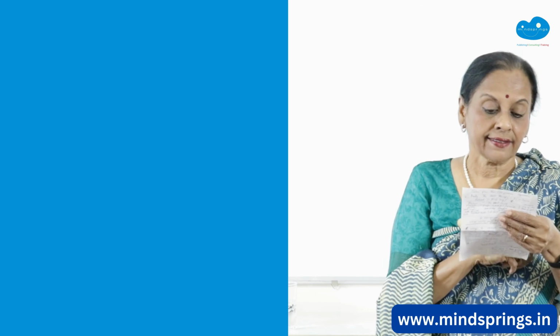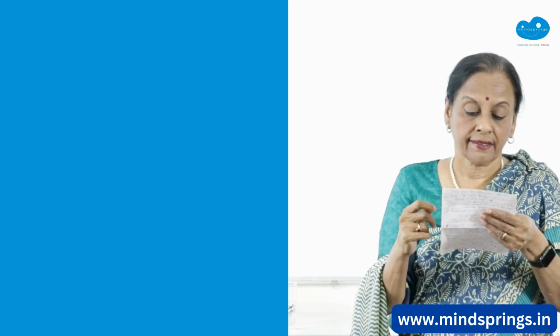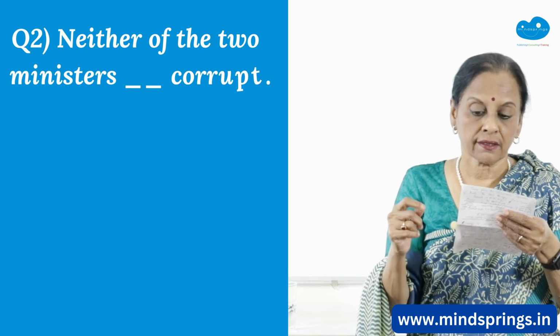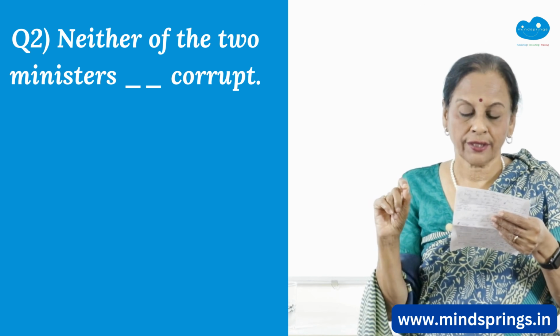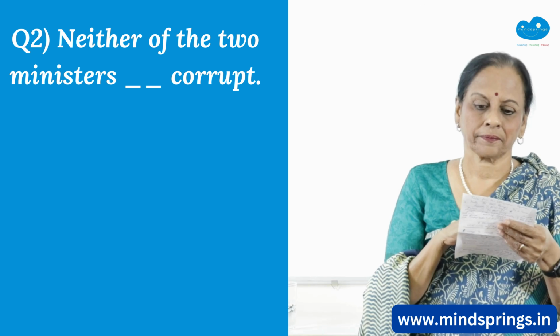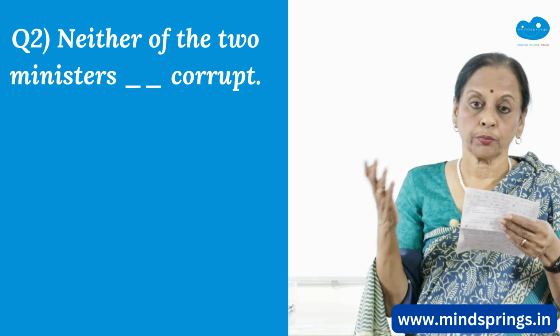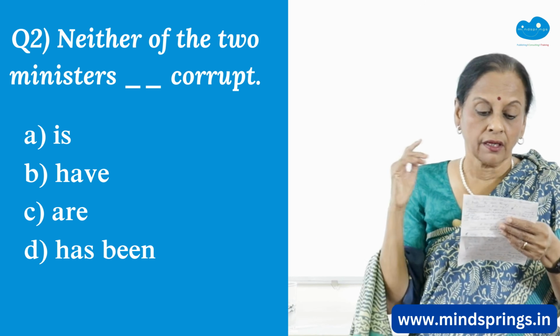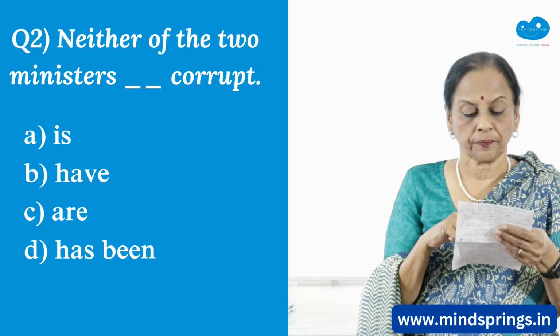The second sentence is: neither of the 2 ministers dash corrupt. Again, your options are is, have, are, has been. Which one would you put?